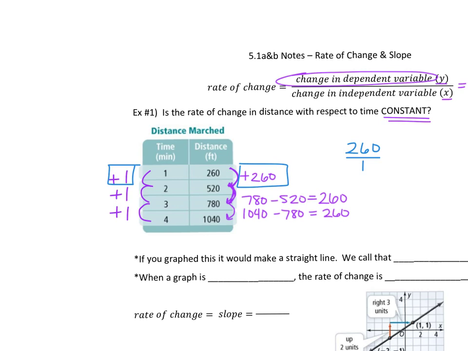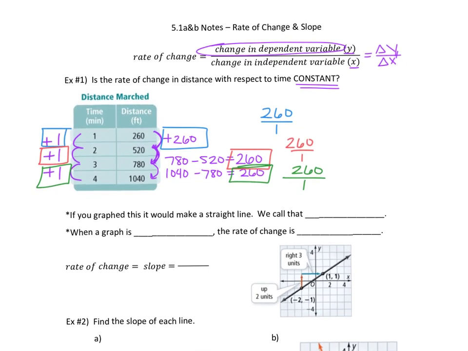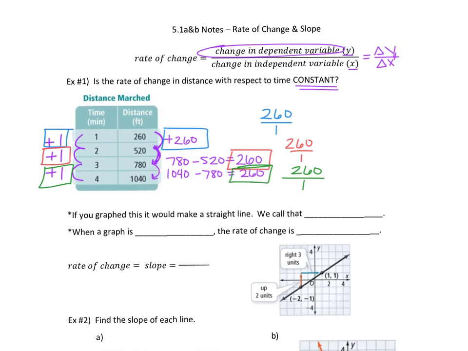The second set of numbers, the change in y over the change in x, also 260 over 1. The third set, change in y 260 over the change in x, 1. Are all three of those the same number? Yes. So when they ask, is the rate of change constant? If they're all three the same number, then we would say, yes, it's the same rate of change.